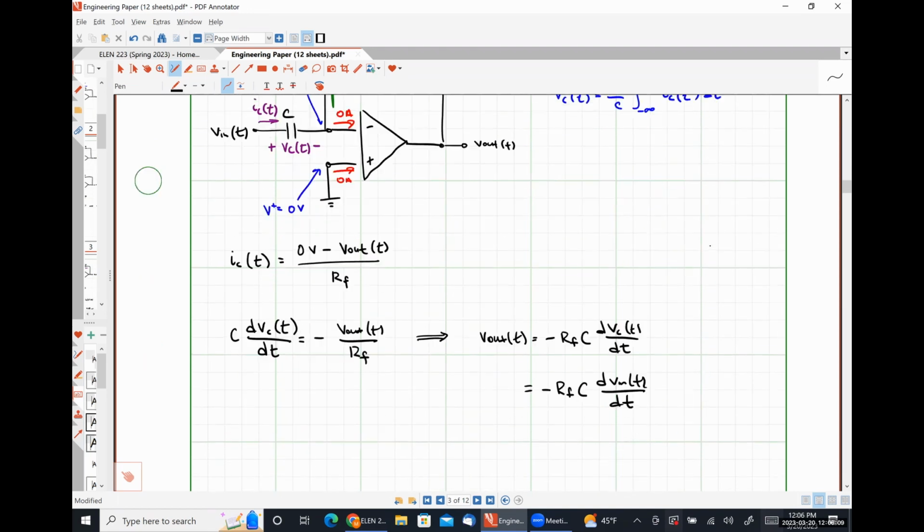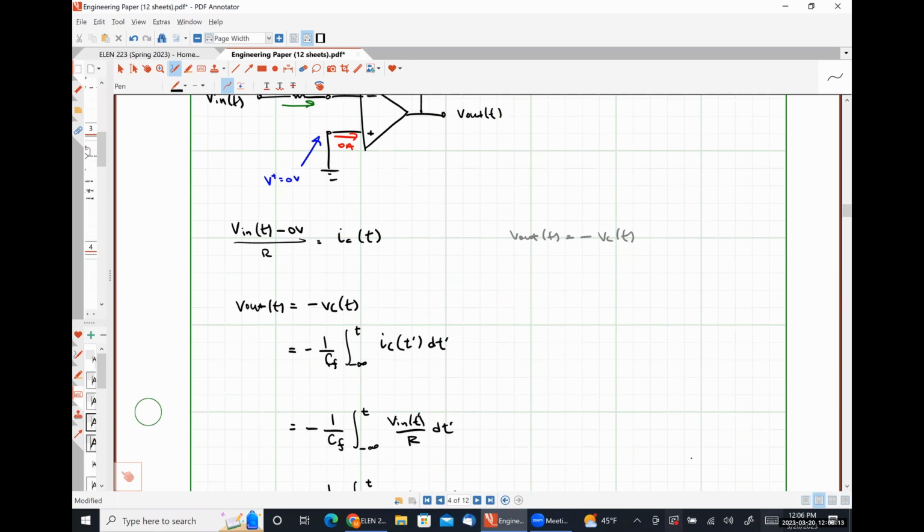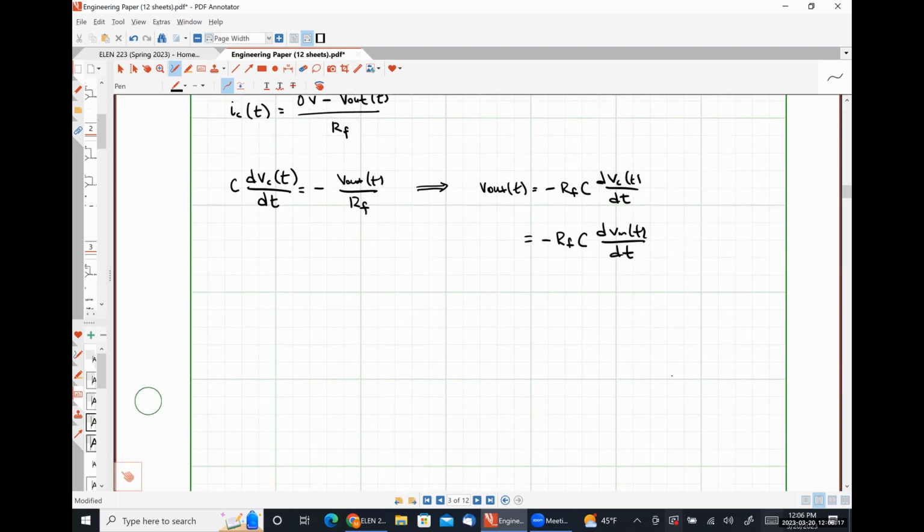The reason why we don't really have gains here and here is because we have these calculus-based relationships, right? So instead of saying V out is related to V in by a number, V out is related to V in by a number and also a mathematical operation.